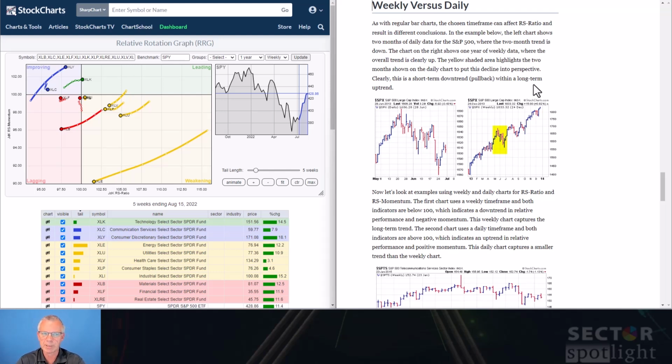Is that the correct way to do it? And sometimes it's a way of looking at things which I had not thought about yet. And when I see it, I think, hey, that's actually not too bad. It makes total sense. So if you're interested in how to explain the difference between weekly and daily, you can go to that chart school article.